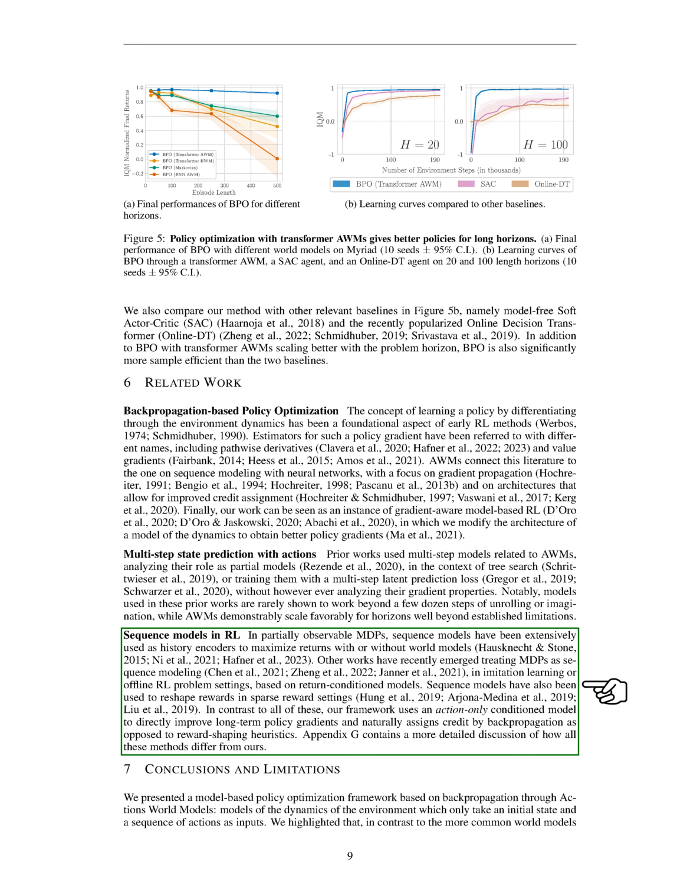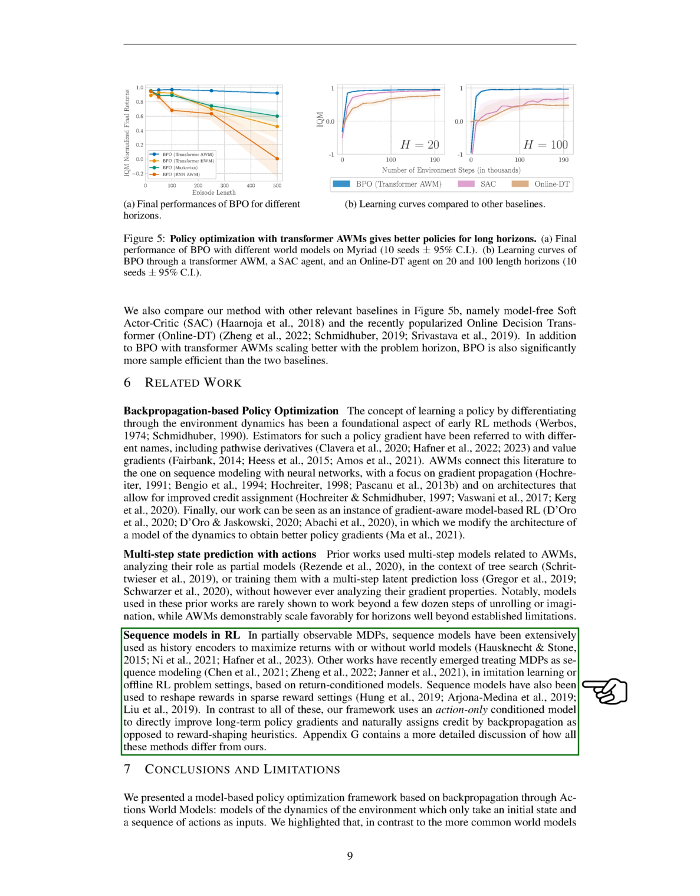Sequence models have also been widely used in reinforcement learning, especially in partially observable MDPs, for maximizing returns with or without world models. Recent works have treated MDPs as sequence modeling challenges in imitation learning or offline reinforcement learning, focusing on return-conditioned models.